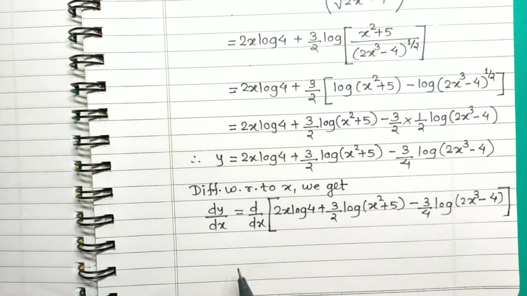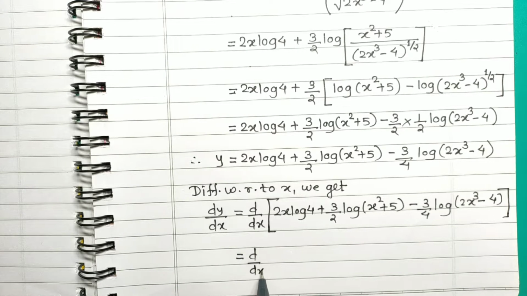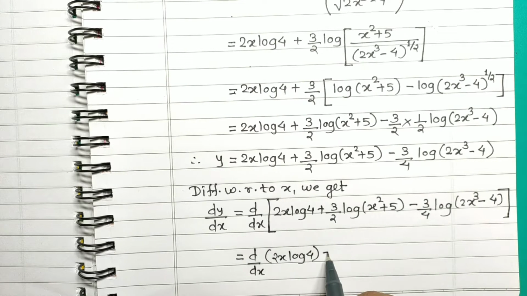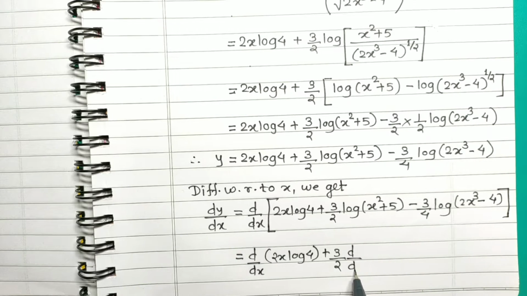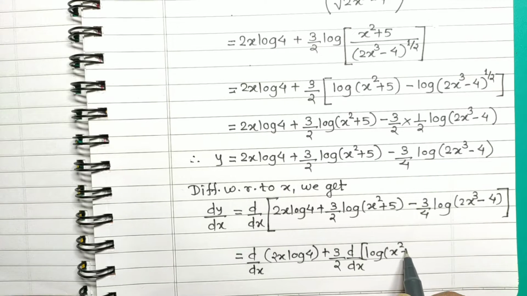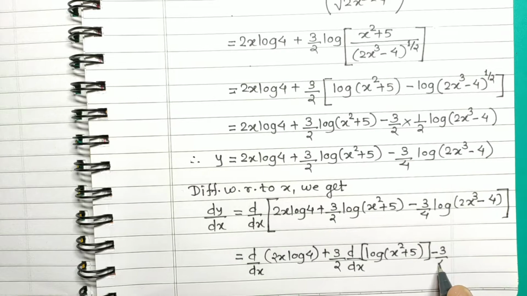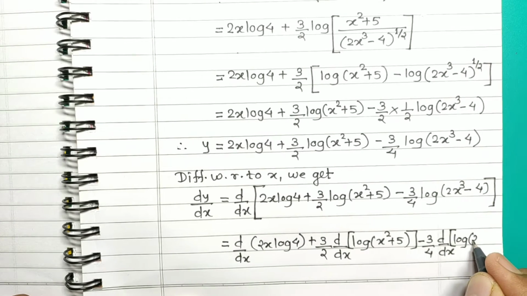So this derivative is nothing but the derivative of 2x into log 4, plus 3 by 2 constant into the derivative of log of x square plus 5, minus 3 by 4 constant into the derivative of log of 2x cube minus 4.